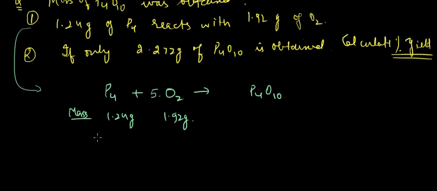Okay, so what would be the moles? Moles would obviously be 1.24 divided by 124, which is the molar mass of P4. Hence moles used in the reaction for P4 would be 0.01.